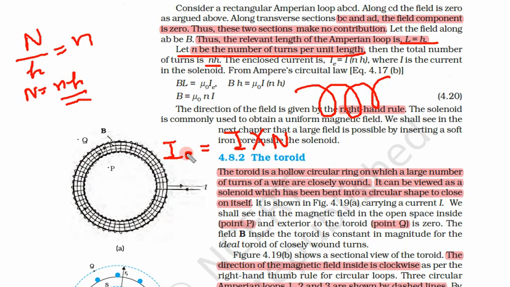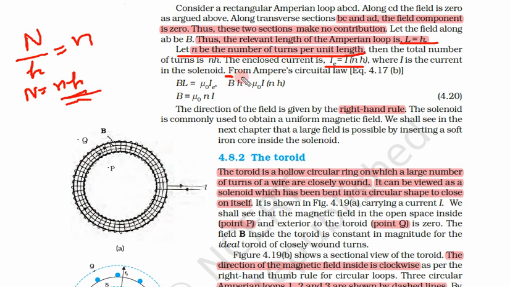So we have to multiply with N to find the enclosed current, and the value of N is small n into h. So the current enclosed is nhI, where I is the current in the solenoid.